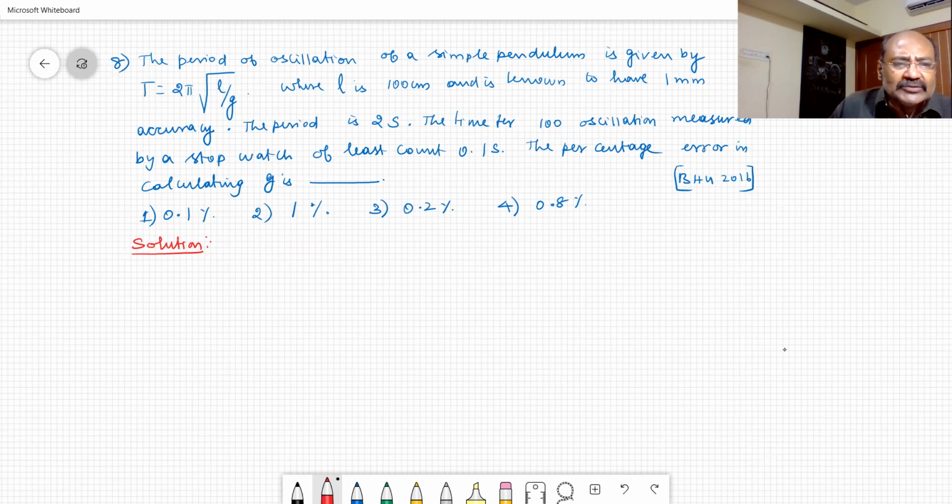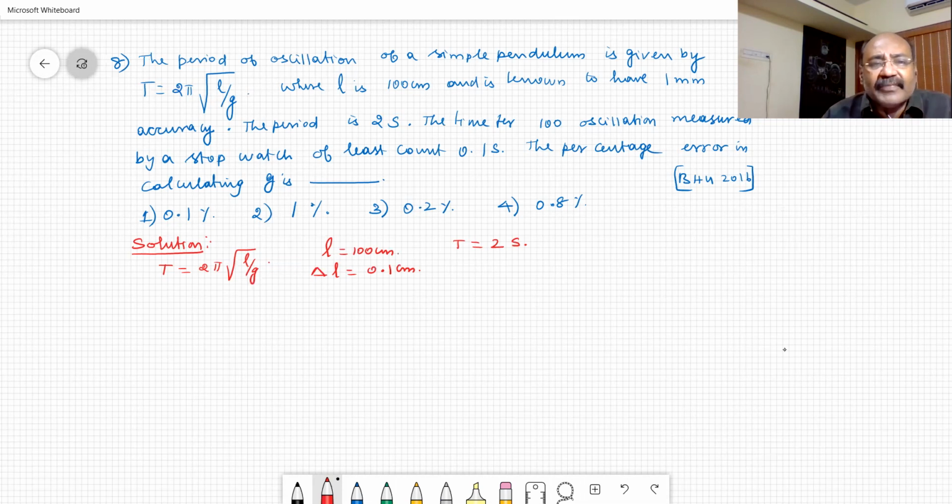Then to have a 1 millimeter accuracy, that is delta L, 1 millimeter means it is equal to 0.1 centimeter. Then the time period capital T is considered to be 2 seconds. The time for 100 oscillations is measured by a stopwatch of least count 0.1 second.